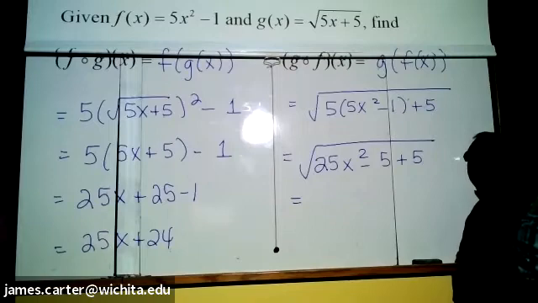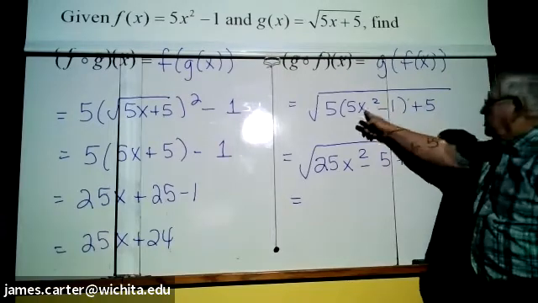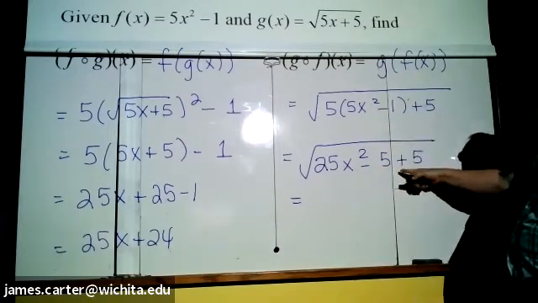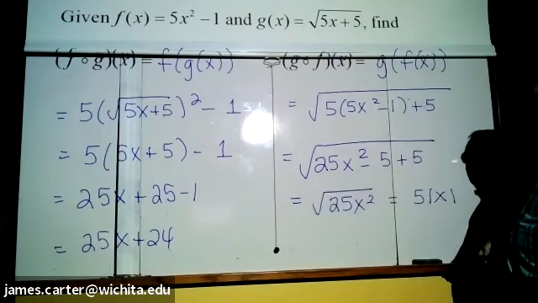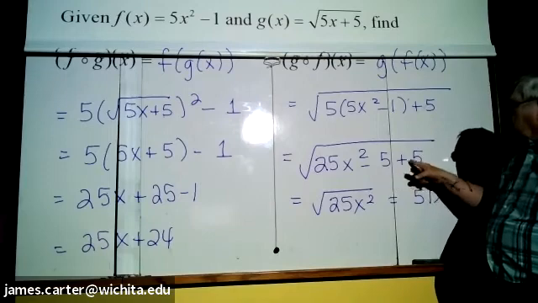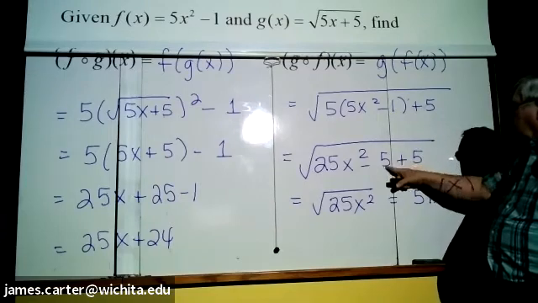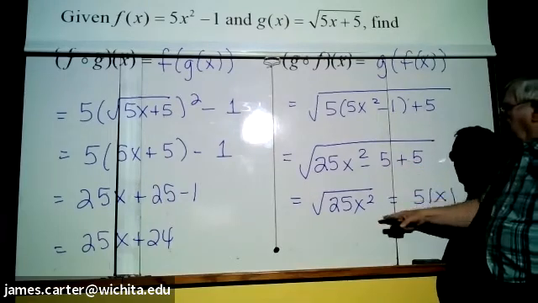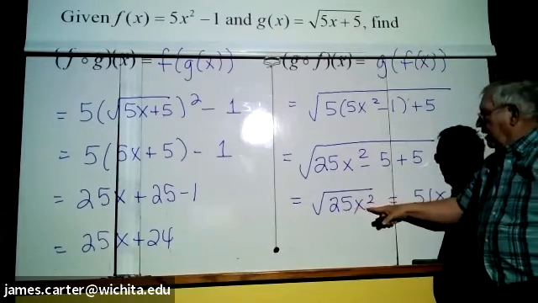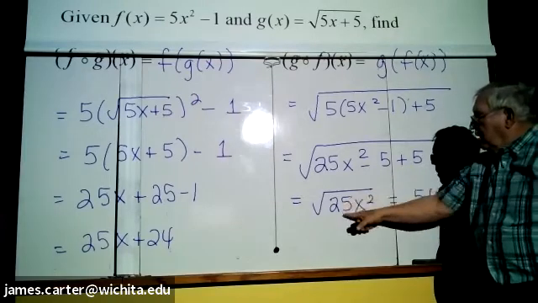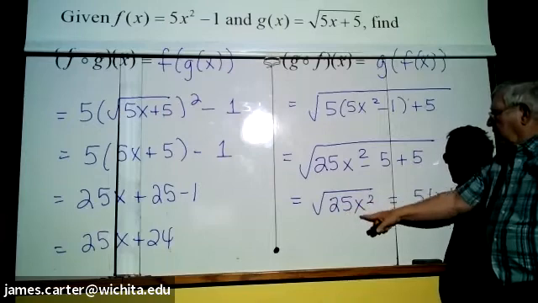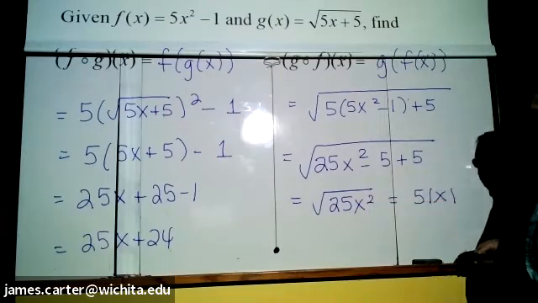I simplify this, I distribute this 5 here, and there's the 5 brought down. These two cancel each other out, minus 5 plus 5. So I get 25x squared, which is a perfect square. 25 is 5 squared, x squared is x.